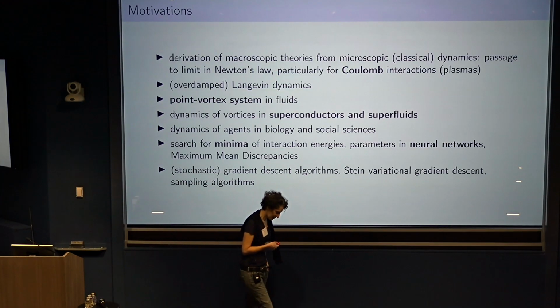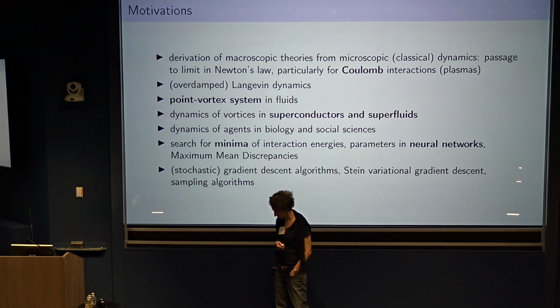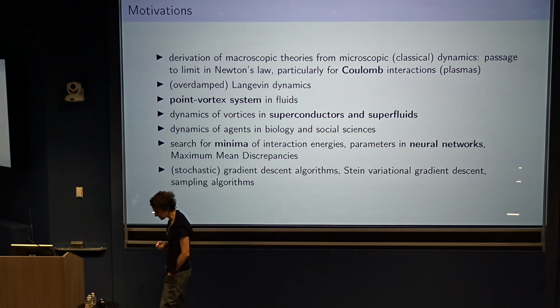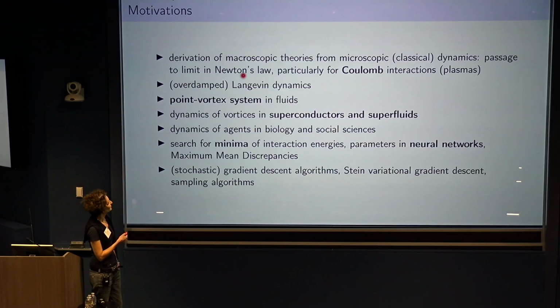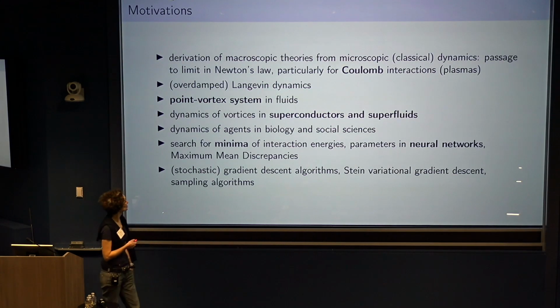That's one of the most relevant systems, in particular for plasma physics. And you're trying to derive basically a macroscopic theory from a microscopic classical dynamics. So that would be the dream. So more generally, with noise, you can consider these as Langevin dynamics, or overdamped Langevin dynamics gives you back first-order evolutions.